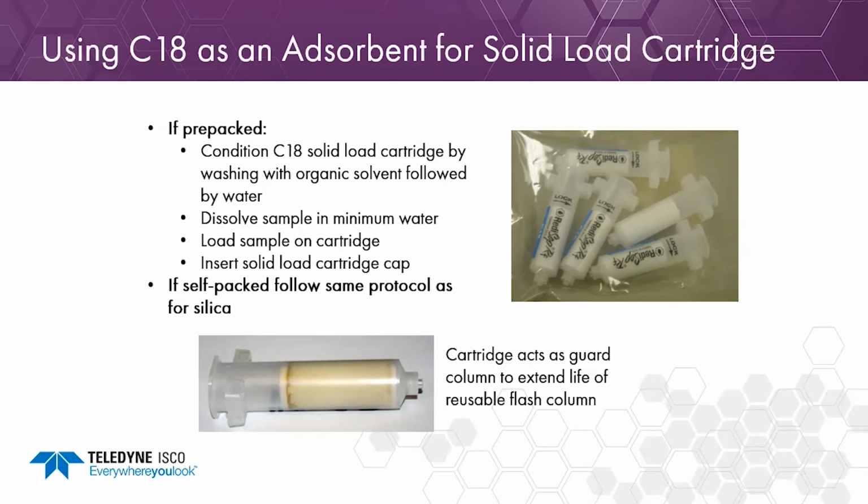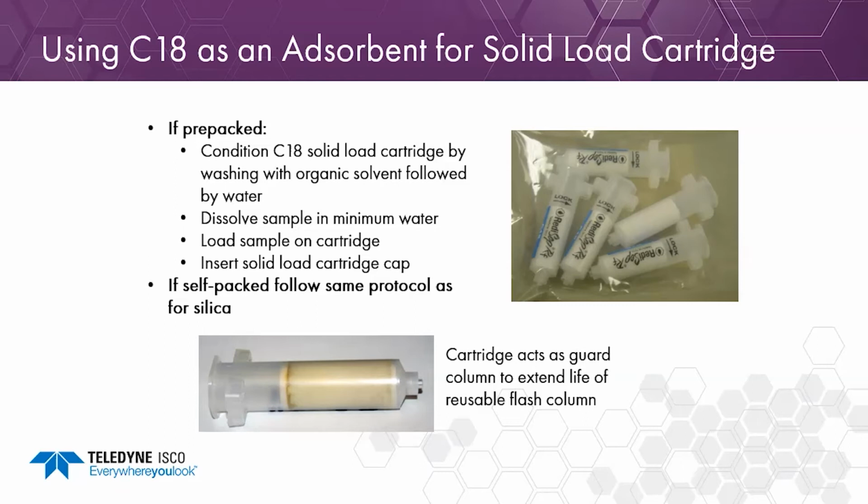So the C18, you need to precondition your cartridges. If you're using the self-packed, then you would follow the same procedure as for the silica, where you would evaporate on the rotovap and remove the solvent as best that you can.